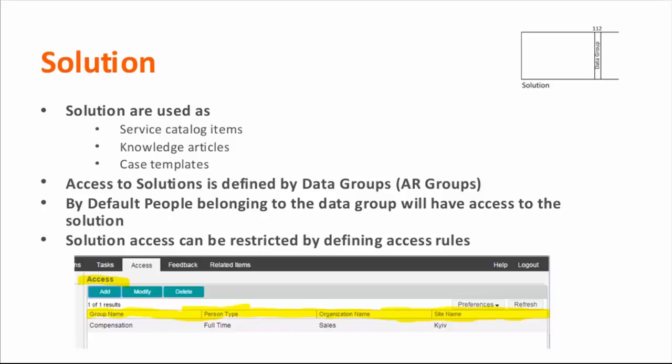On top of that, if you want to restrict the access, just like the entitlement we had in SRM, you can define access rules here. You can restrict the access by these four parameters: the group, the person type, the org, or the site name. These additional rules will restrict the access to the solutions, which means that if you go to MyIT as a user with some of these restricted solutions, you will access them only if you belong to any one of these criteria.